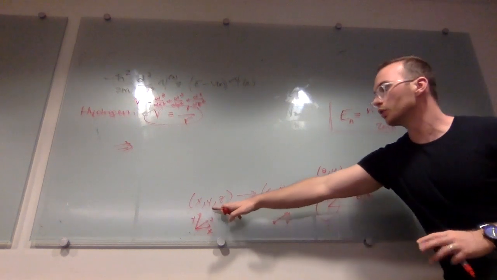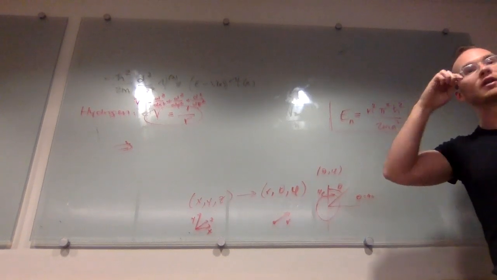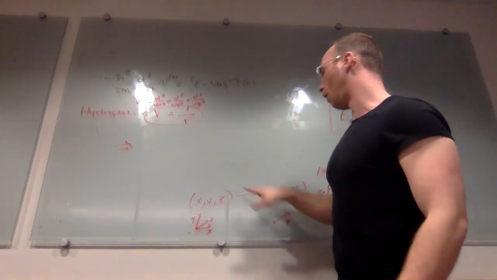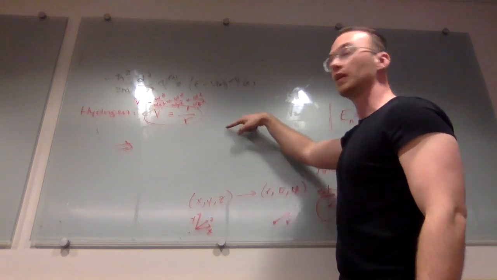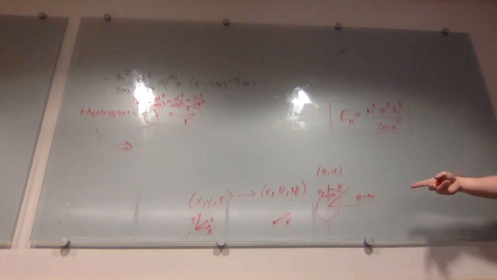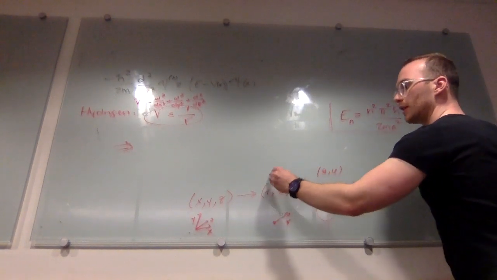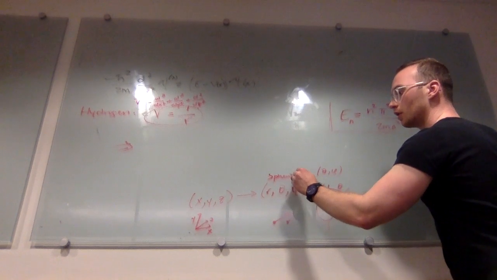So the point is that you could describe things with x, y, and z just fine, but some things like gravity work like 1 over r. If you tried to write it with x, y, z, it would be that square root thing. That's a nightmare. So you'd always do things with r, theta, and phi, because many electric fields work like that, 1 over r type stuff, and so things tend to work better. This is spherical coordinates.